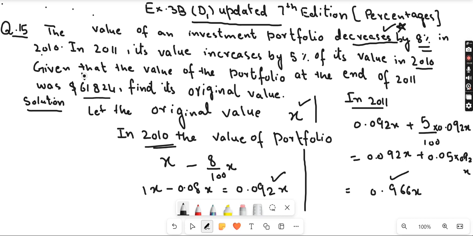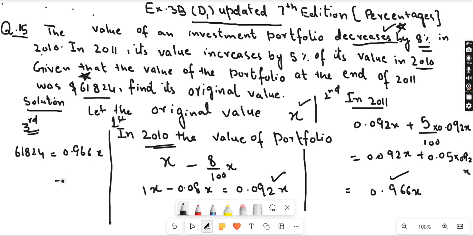But in the statement they've given you the value in 2011. I'm doing it in the continuity of the question. This is the first portion done here, this is the second in the continuity, and this is the last portion of the question. So it is also given that in 2011 the value is this one, and according to the calculation in 2011 we have this value.